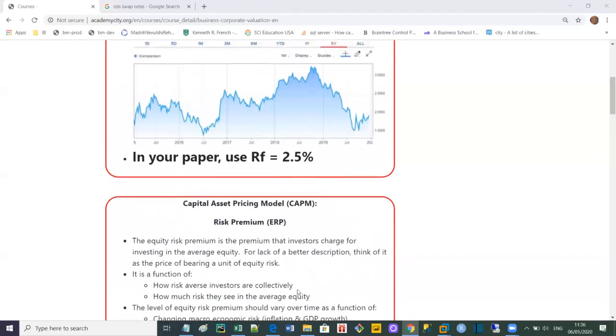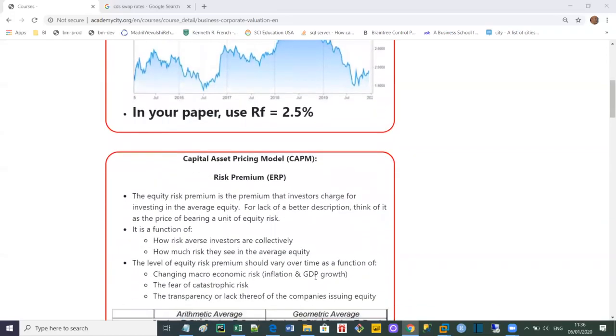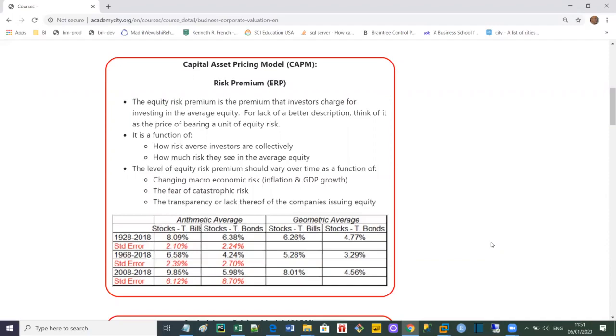Okay, so now that we have the risk-free, we want to go and measure the risk premium. The way we measure the risk premium is by taking every year the return on the market portfolio, and from that we subtract the 10 years government bonds return.